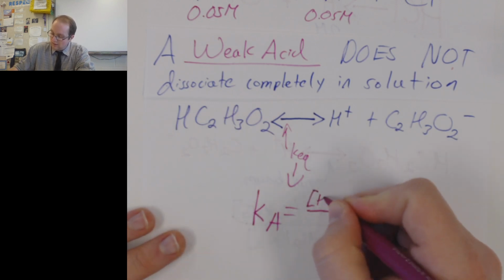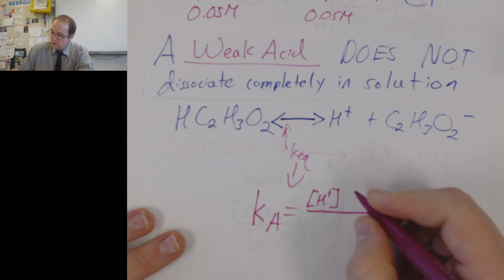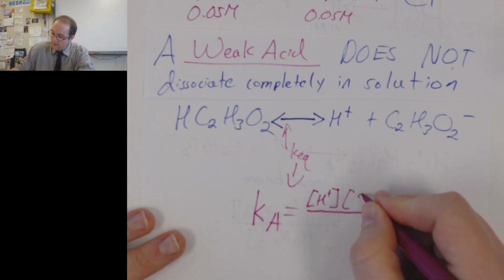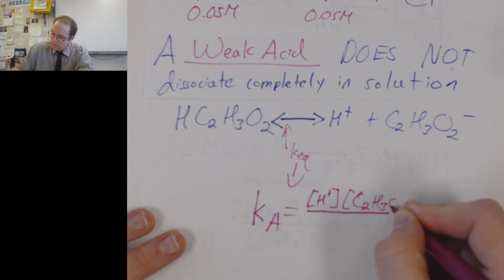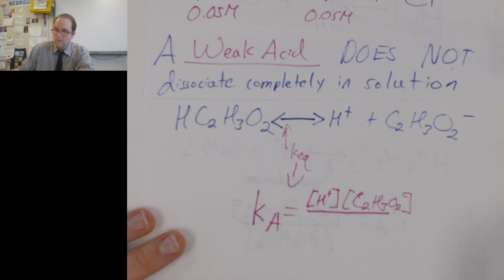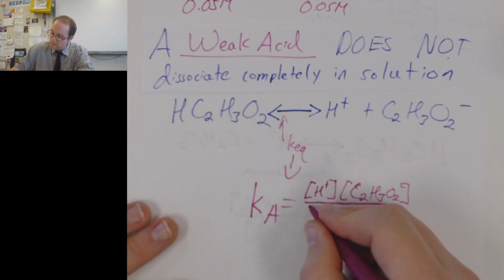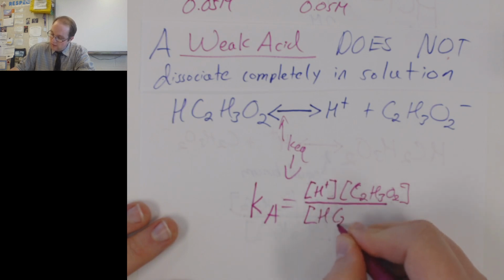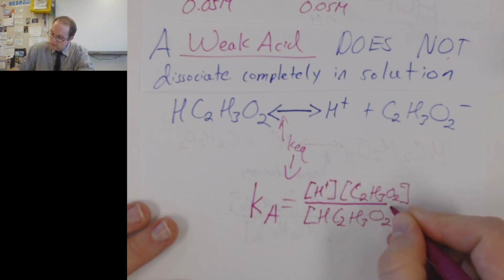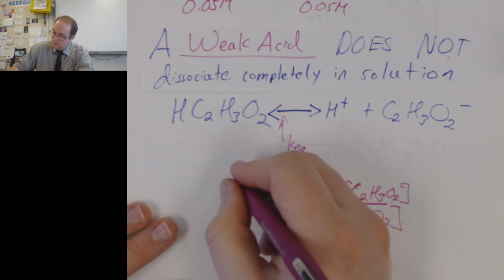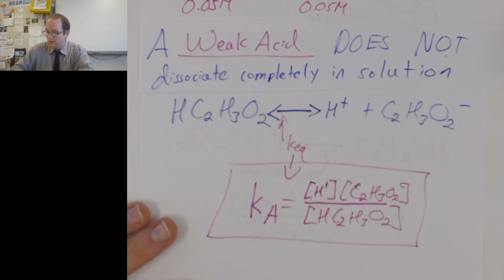So in this case, we're going to have H+ concentration on top, multiplying the acetate concentration. Those are our two products, and the reactant, the starting substance, was the concentration of HC2H3O2.